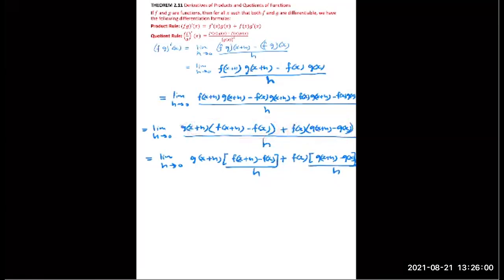Okay. Now I can take the limit. I can distribute this limit. Of course, I should have big parentheses around. I can distribute this limit to the first expression and to the second expression by the limit rule that we discussed in chapter 1.